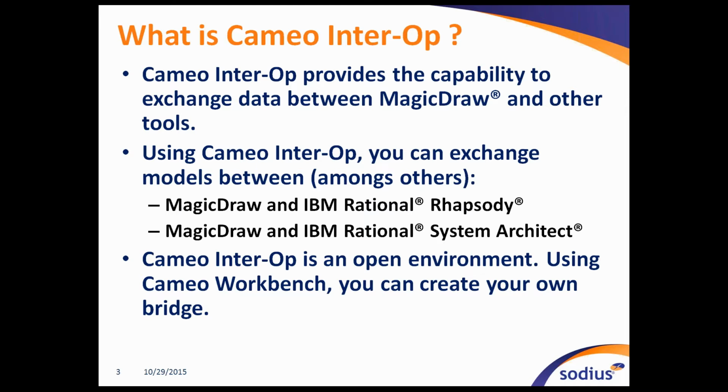Something that you must know is that Cameo Inter-Op is an open environment. It's possible to use Cameo Workbench. I will do another webinar on Cameo Workbench in December, and this tool can provide you the ability to create your own bridge.